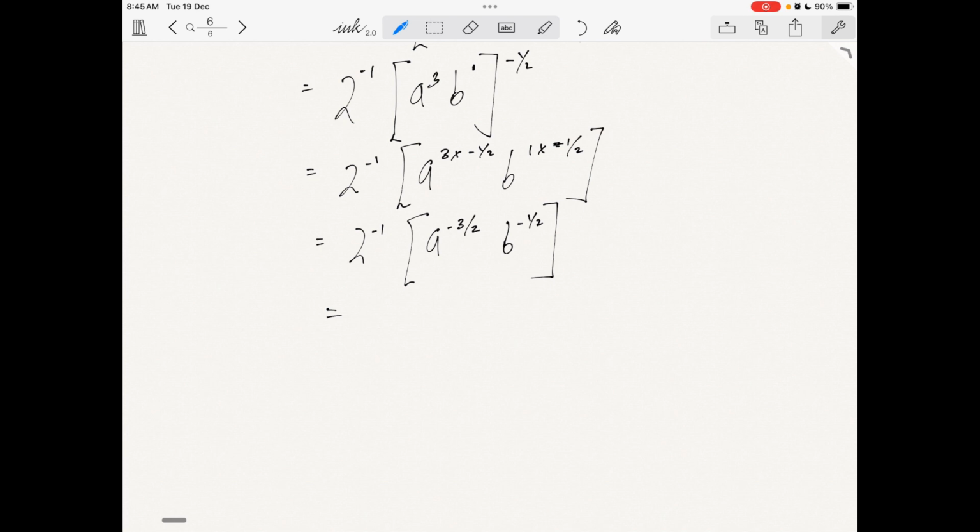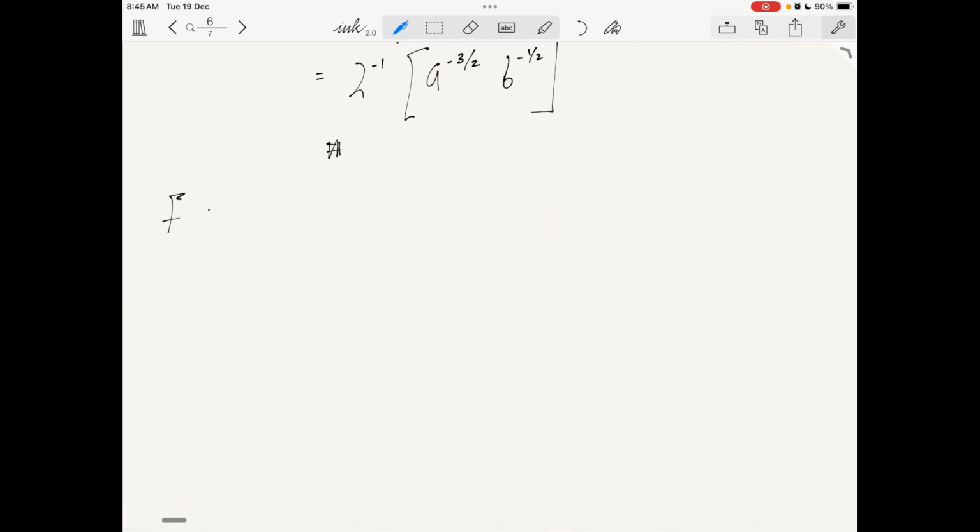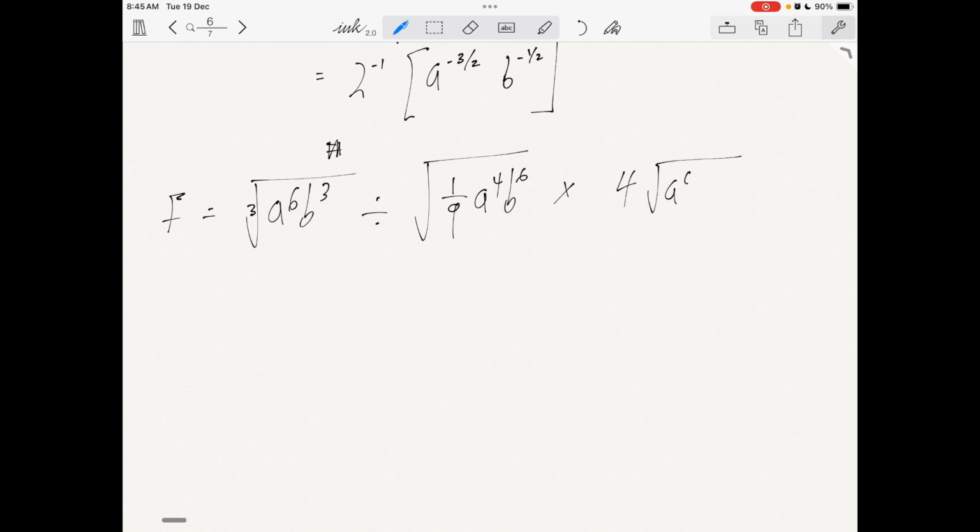Since everything has some negative power, I can bring them all down to the denominator. Or even before that, I can now go back to the real question, and it says that f is equal to cube root of a raised to power 6 b raised to power 3, divided by square root of 1 over 9 a raised to power 4 b raised to power 6, multiplied by 4 in the square root of a raised to power 6 b raised to power 2, everything raised to power minus half.